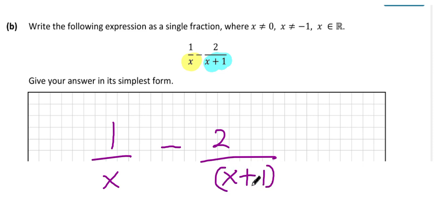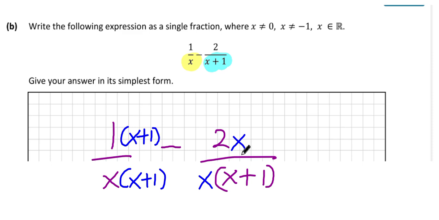Now, the x looks across and what does it see? So you're going to get one of them on the bottom. And if you do it to the bottom, you got to do it to the top. The x plus 1 looks across and what does it see? The blue one looks at the yellow one. So it says, do you know what? I'm going to have an x on the bottom, but I'll take the same thing on top.